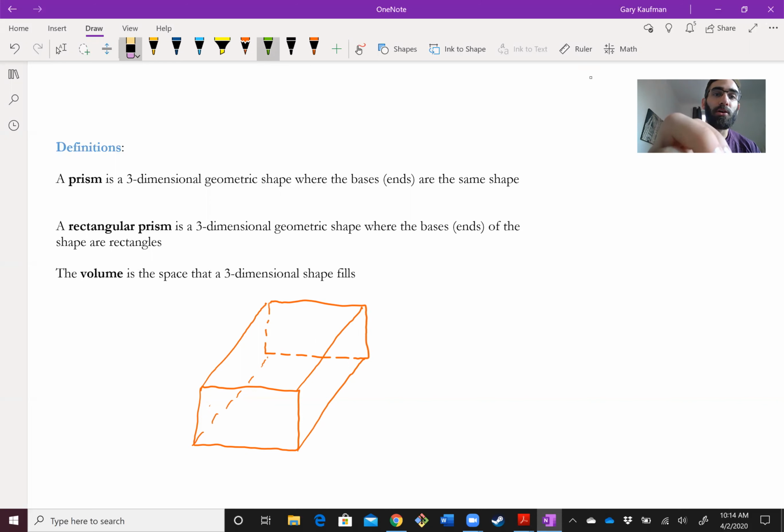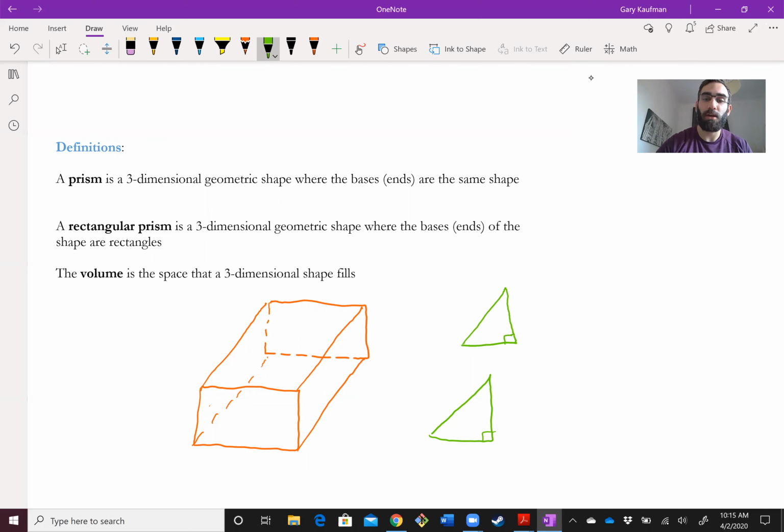You could also do this with a triangular prism. Okay, so here's my first triangle, and this happens to be a right triangle. And then we go up and slightly to the right. Oops, that was poorly drawn, straight down.